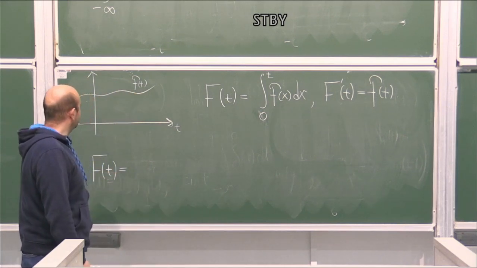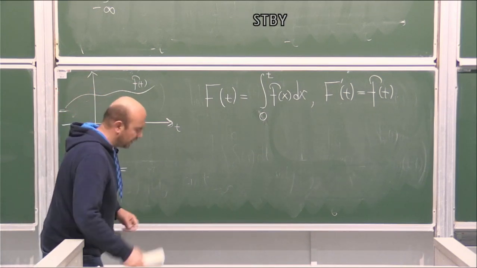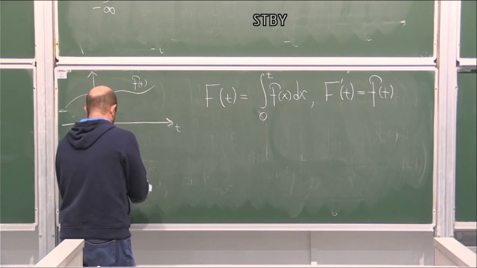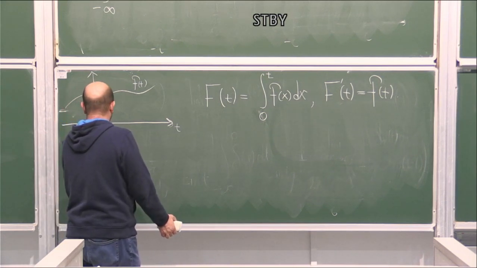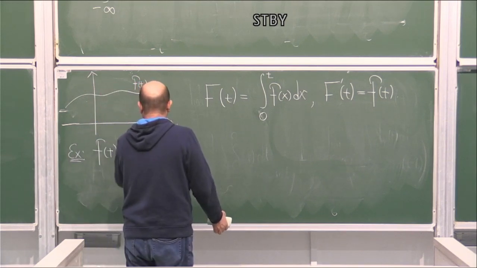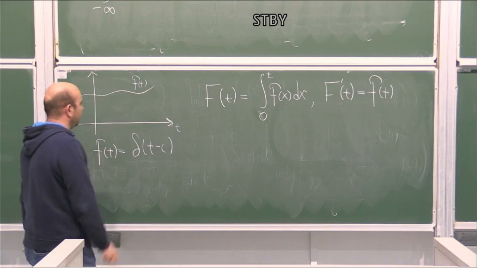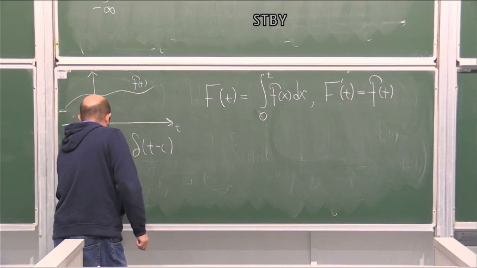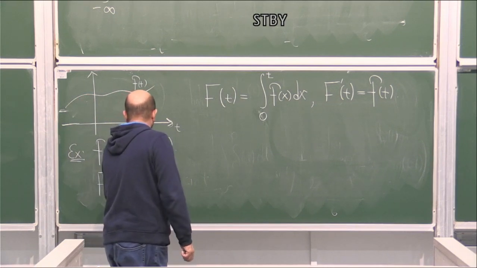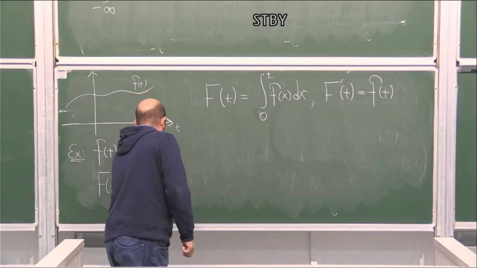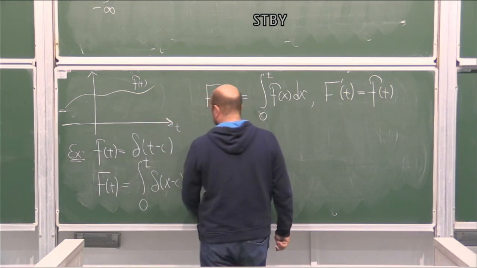Now, as an example, let's say that our function is the delta function, t minus c. If you apply this from 0 to t, the integral of delta x minus c dx, what do we get?